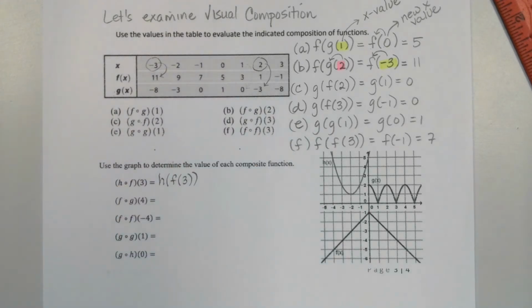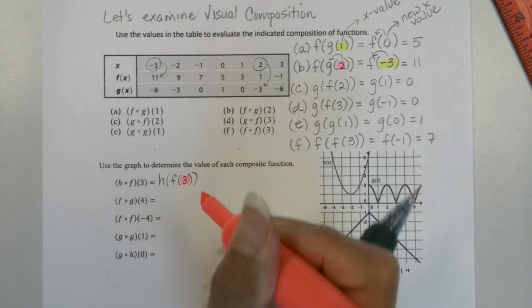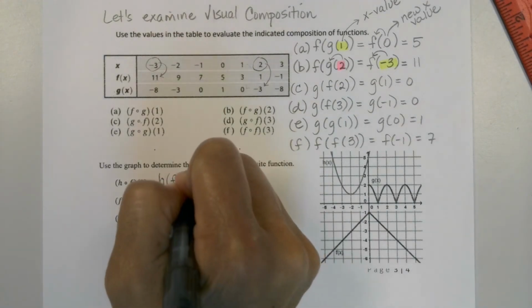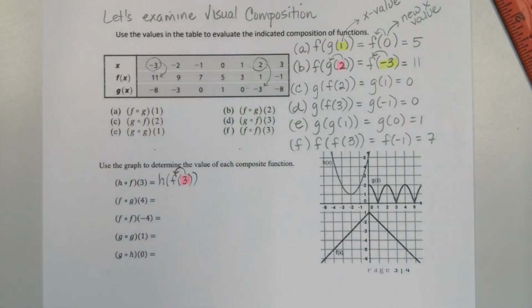Please realize that even though our visual has changed, the approach to this problem does not change. You are still going to start with your innermost value, which in this case is defined as a 3. And I'm going to go from 3 and substitute it to find my f function value, my y value.